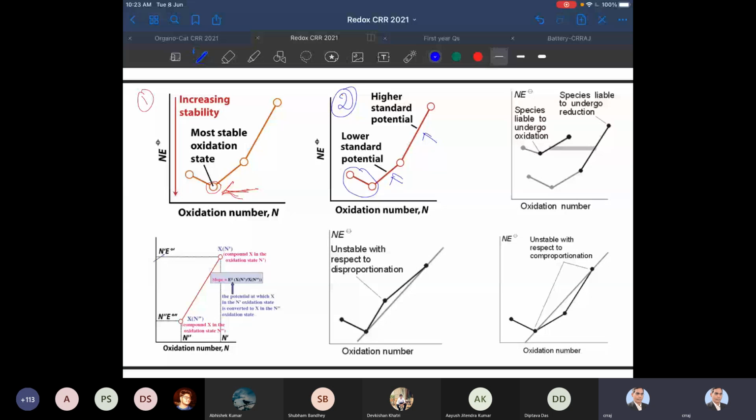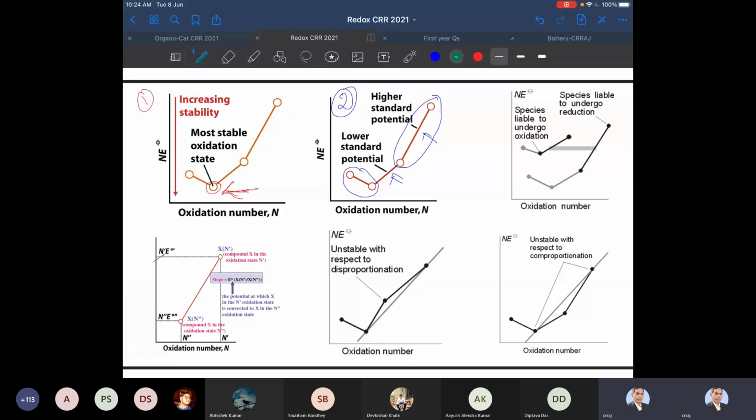I can look at the slope, whether it's a negative slope or positive slope, high slope or low slope. From there, I will be able to deduce the property. At the end of the day, you know what is playing: the reduction potential. We play with different diagrams for our convenience, to make a representation to read it quickly and understand.